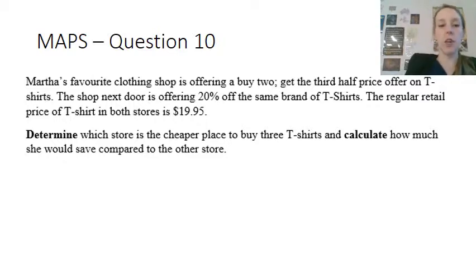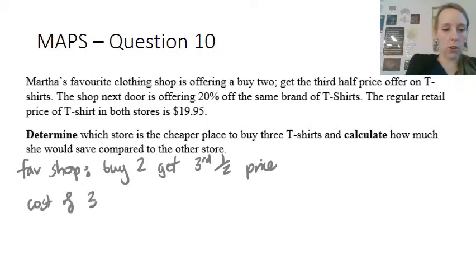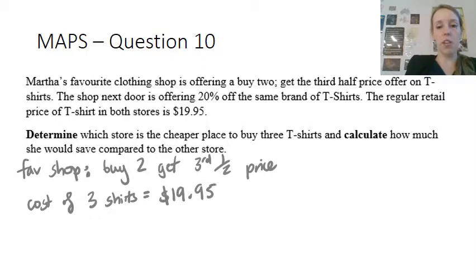So we'll start off with Martha's favourite shop. So her favourite shop is offering buy 2 get the third half price. Okay, so let's calculate the cost. So how much is it going to cost her to buy 3 shirts? So each shirt is $19.95. So it's $19.95 for the first one, $19.95 for the second one.